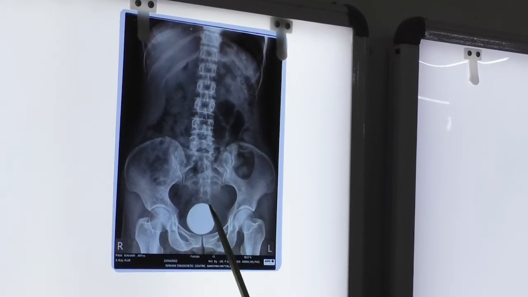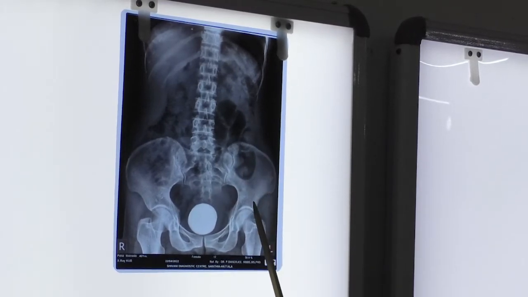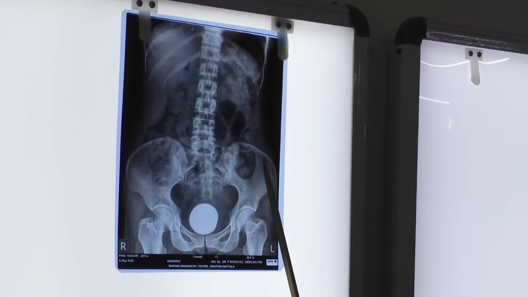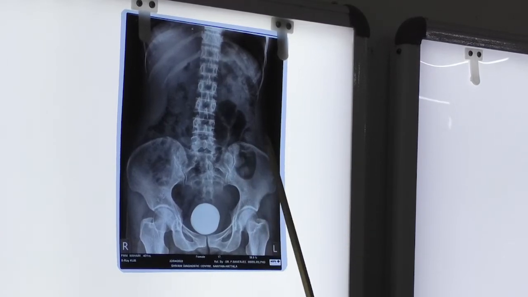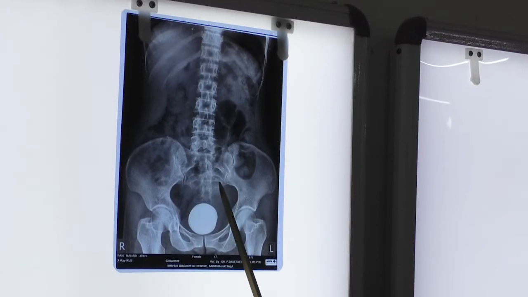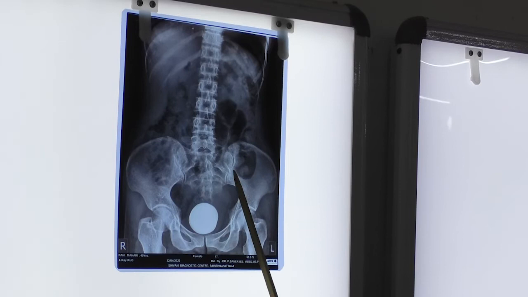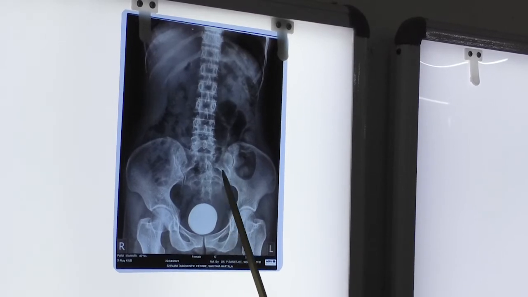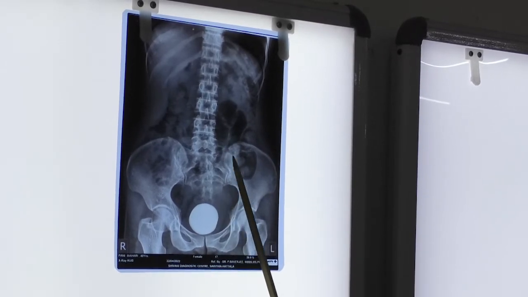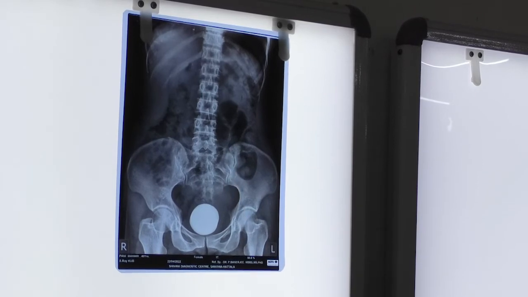And we can see the sacrum. And here this is the iliac fossa. The joint between the sacrum and the ilium is the sacroiliac joint. You can see the joint space nicely.